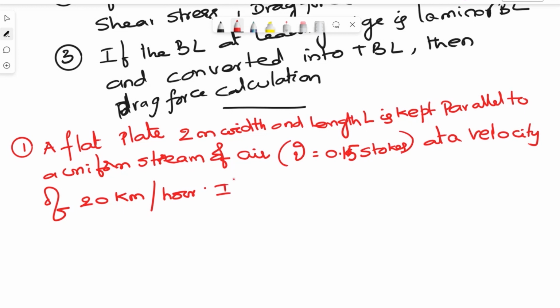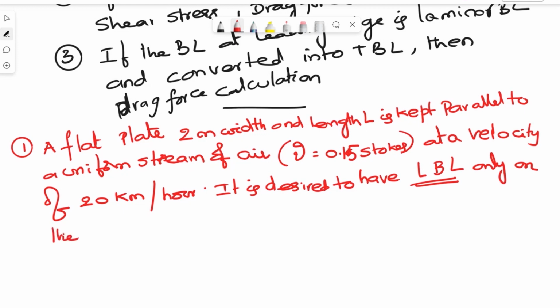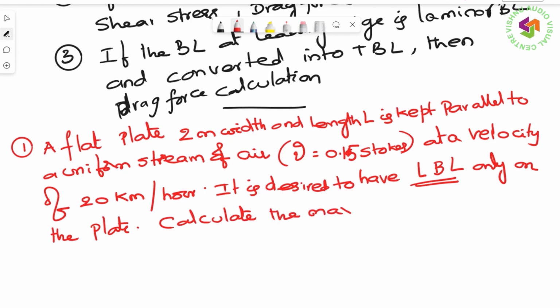It is desired to have laminar boundary layer only on the plate. Calculate the maximum length of the plate in meters.